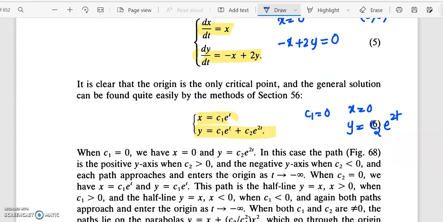Okay. Now let us take the second case where c2 is 0. What do we get when c2 is 0? x equal to c1 e raised to t and y equal to c1 e raised to t, that is, both are equal. So we have x equal to y equal to c1 e raised to t.